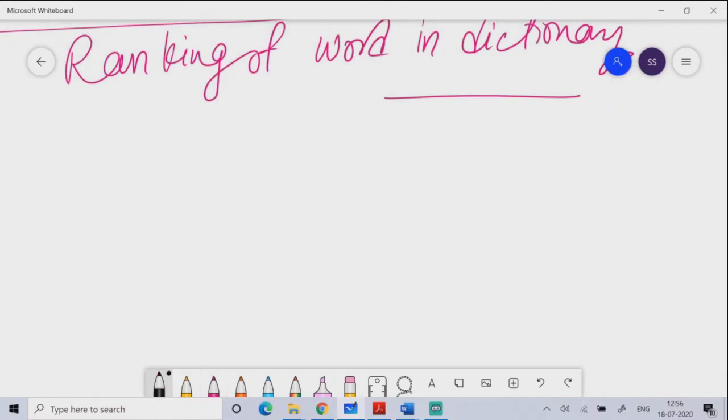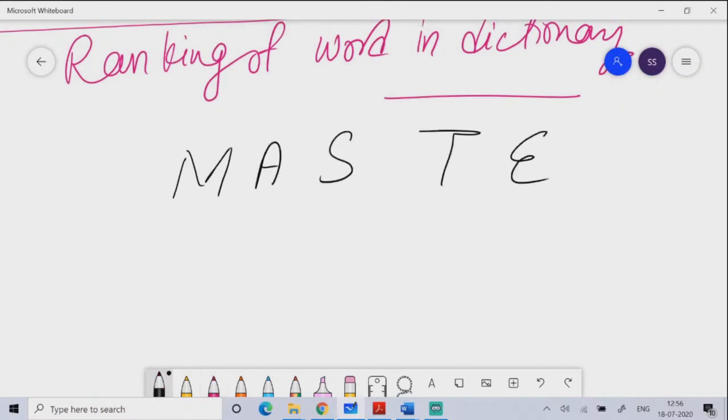Suppose I am making a dictionary with these 6 alphabets, M, A, S, T, E, R, and the dictionary contains only 6 lettered words. What would be the ranking of the word MASTER in this dictionary?